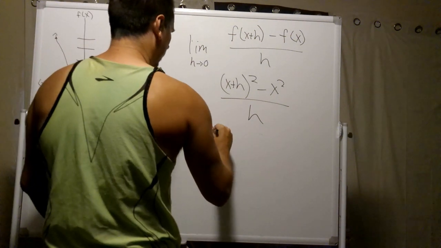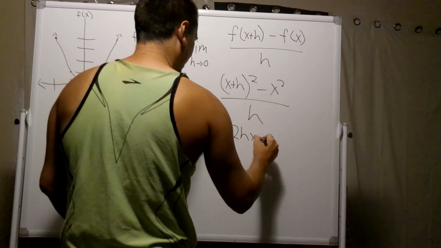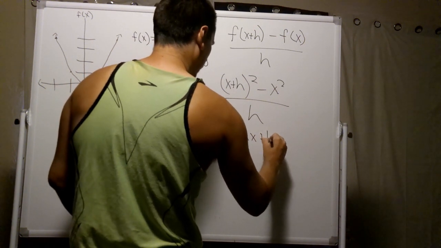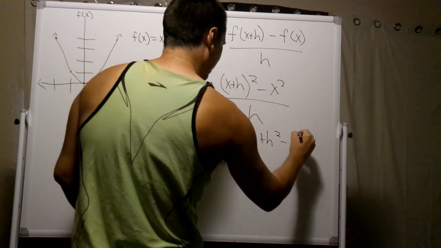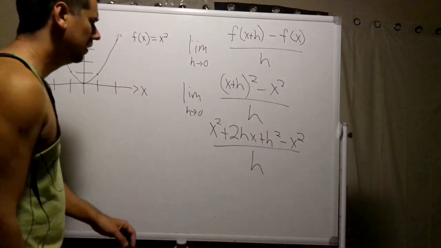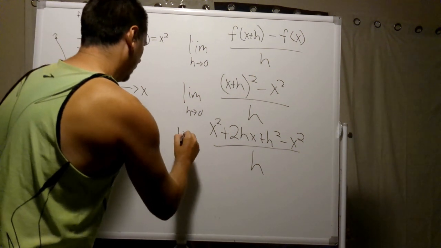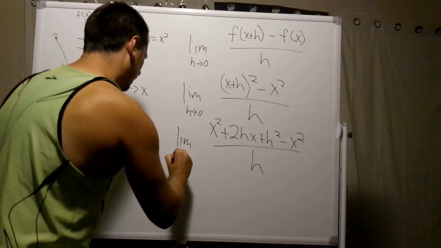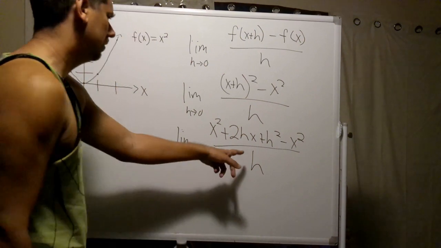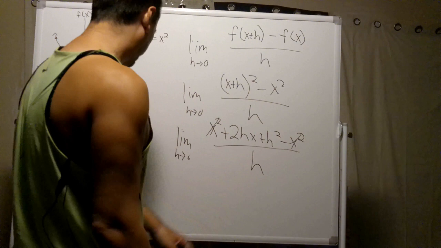So this becomes squared plus h. We're still taking the limit as h goes to 0. So you can see that the x squareds cancel out, right? And so what we're left is there.